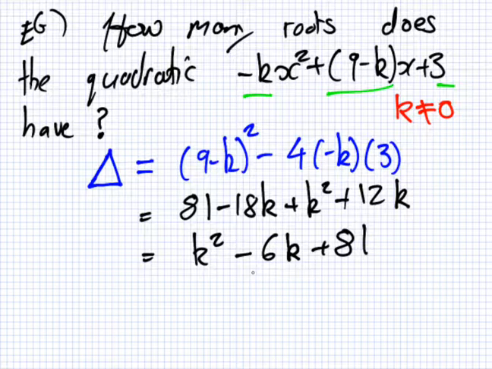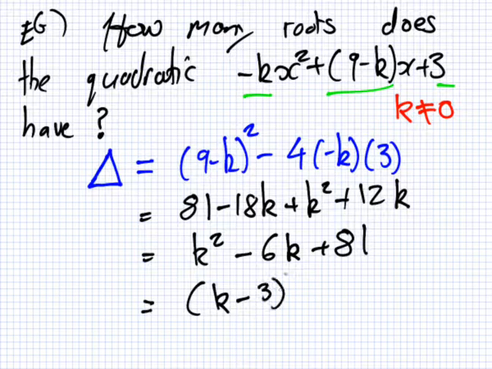So again, I'm not telling you what k is, so you don't know exactly what the quadratic is. But again, you do know at least one thing about k. What's that? It's not 0. Again, because of this part here. So what I want everybody to try for me is to find how many roots this one has.